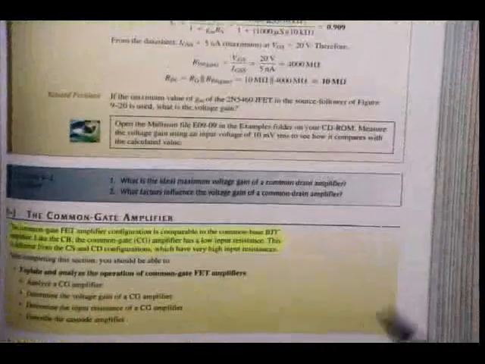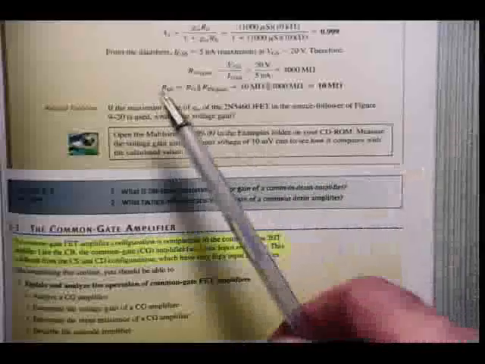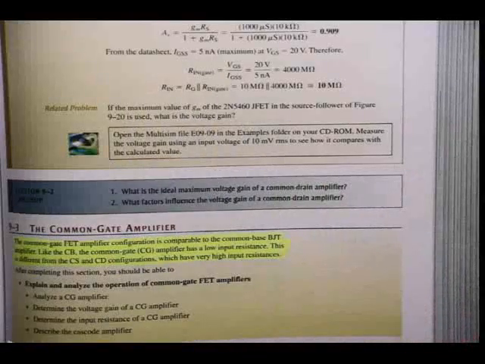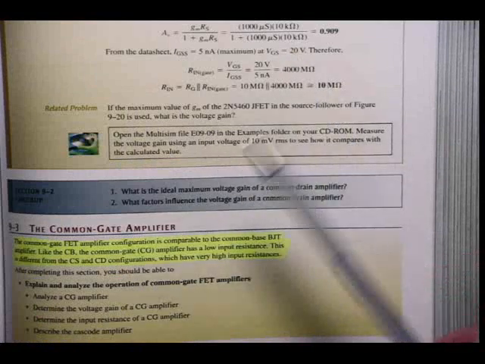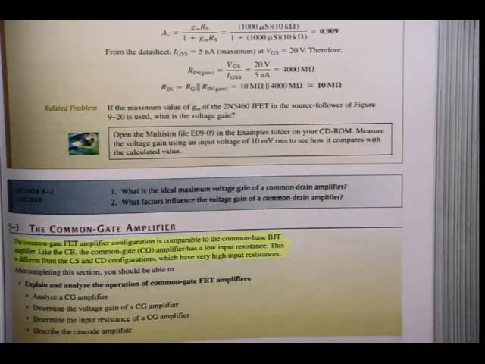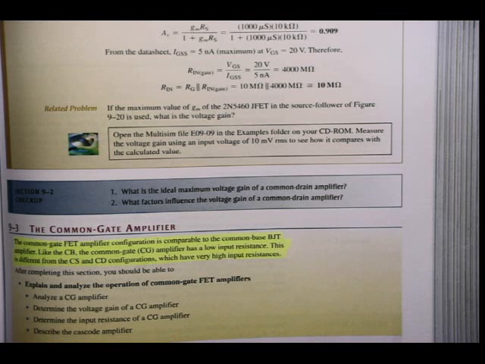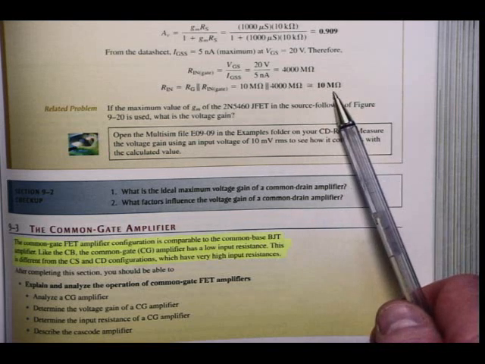Anyway, we go back to the solution then. IGSS is then 5 nanoamperes at VGS of 20 volts. Then R in at the gate, as we've seen previously, is VGS over IGSS, 4000 megaohms. Then R in is RG in parallel with R in at the gate, equivalent to 10 megaohms. Why do they say equivalent to 10 megaohms?